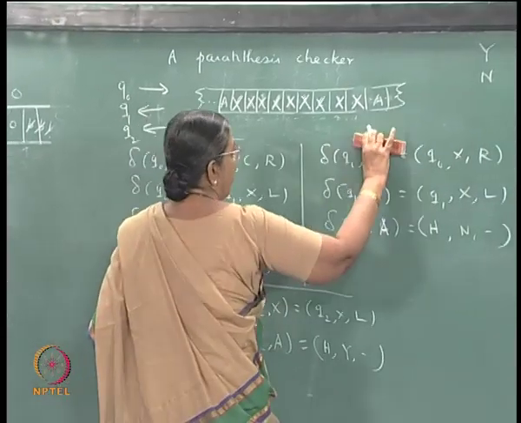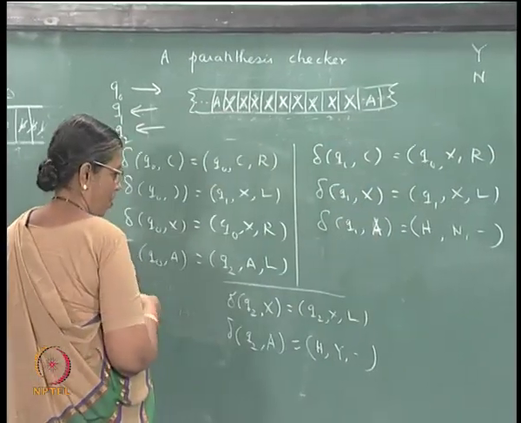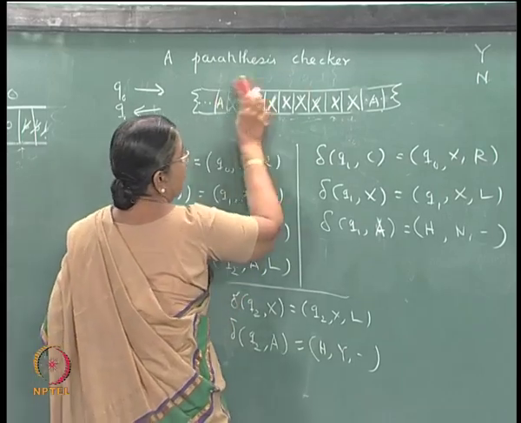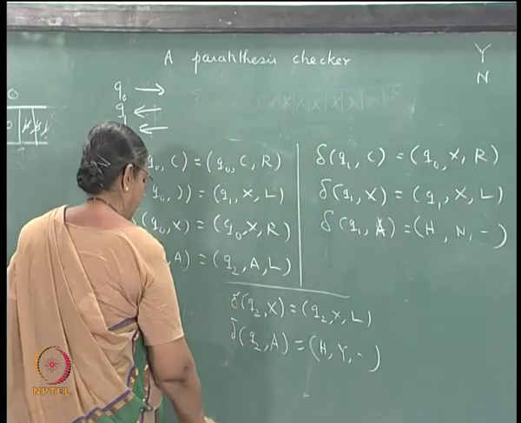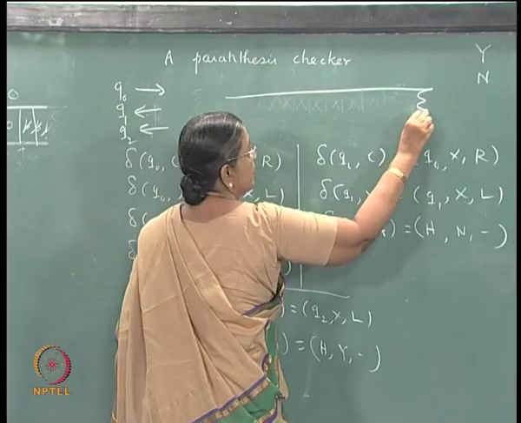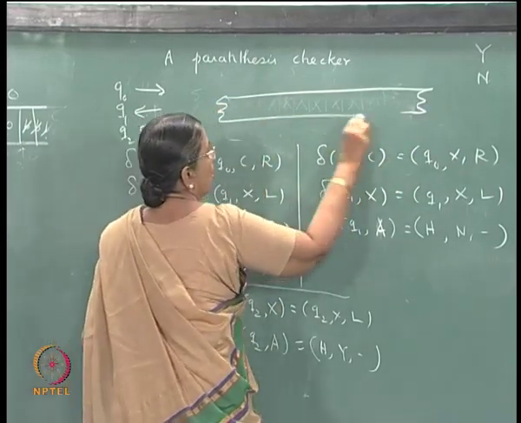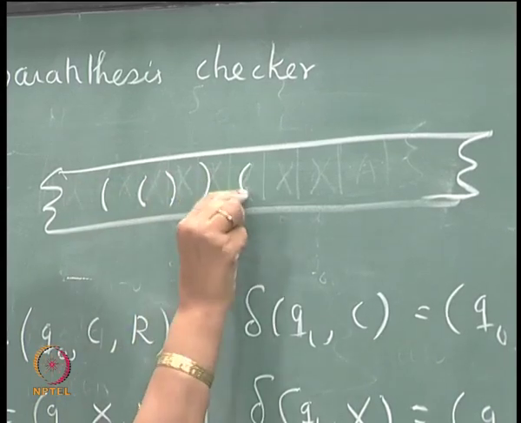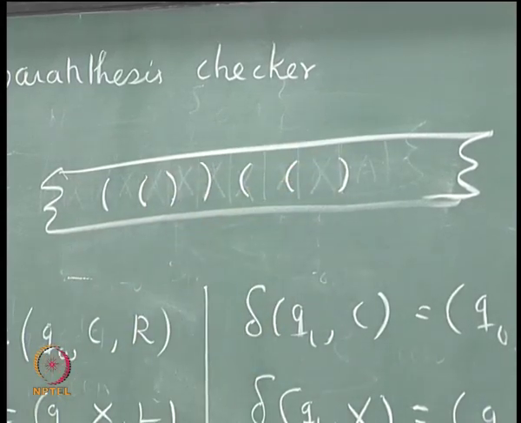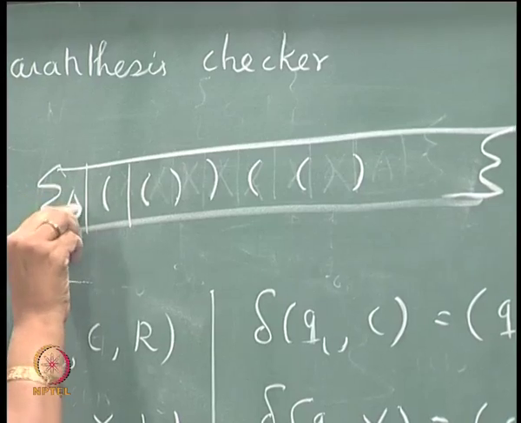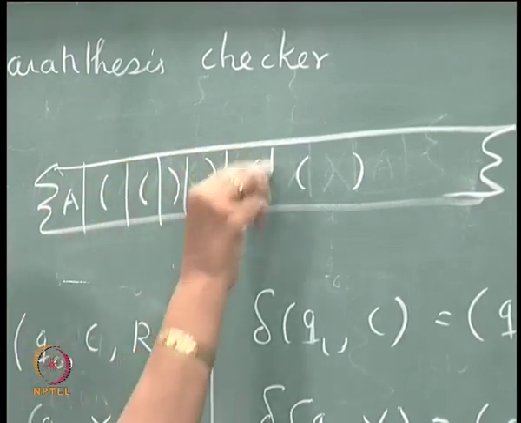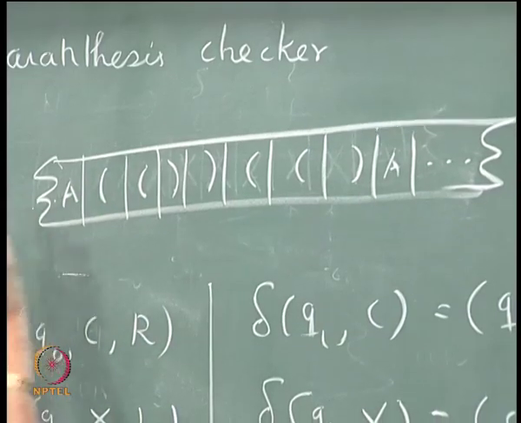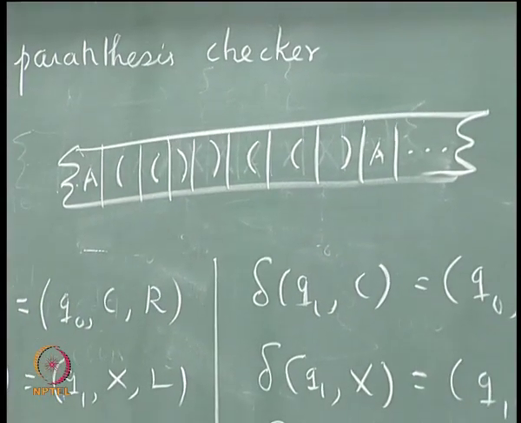Now, what will happen if you have more left parentheses? Suppose I take an input like this. How will the machine work?